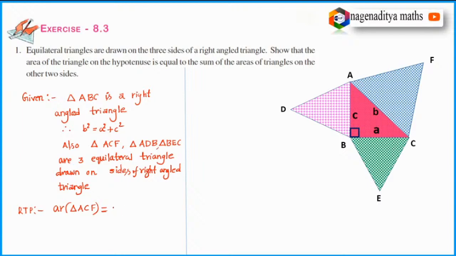That means area of triangle ACF is equal to area of triangle ADB plus area of triangle BEC. So this is what we have to prove. Okay, so proof.